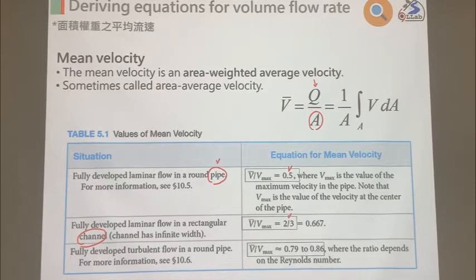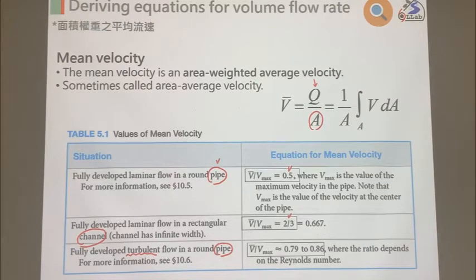And the final one, we keep the pipe flow, but the flow condition changes to turbulent. Then we don't have certain ratio values, because it is based on the turbulent flow. We don't know the flow condition of the turbulent flow. So there is a ratio, but we have no certain values here.